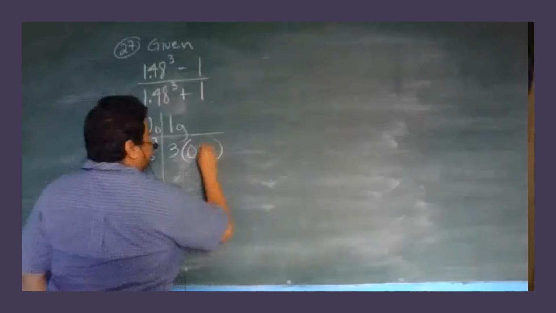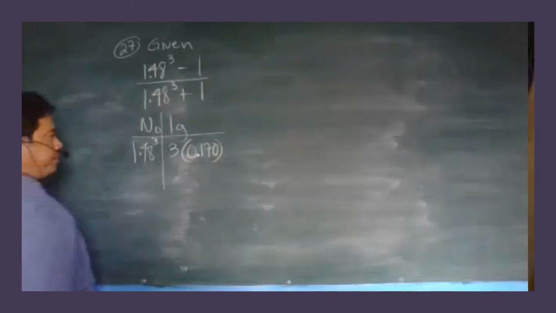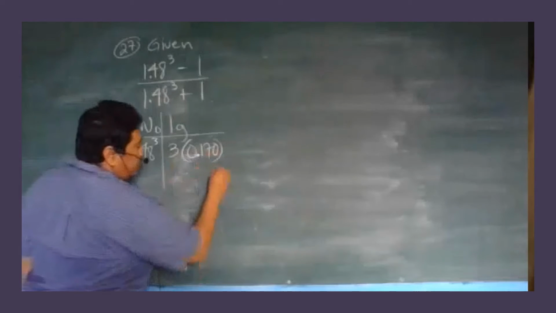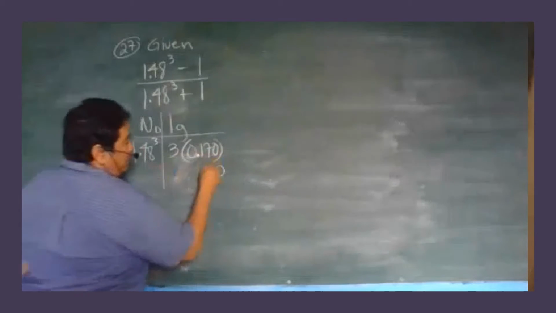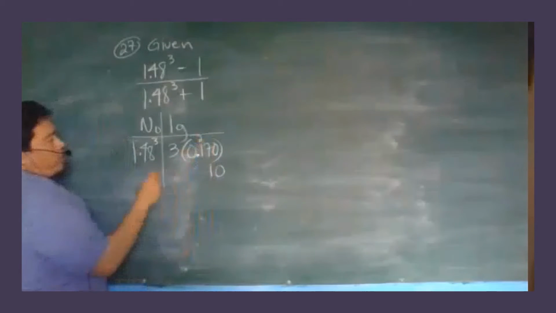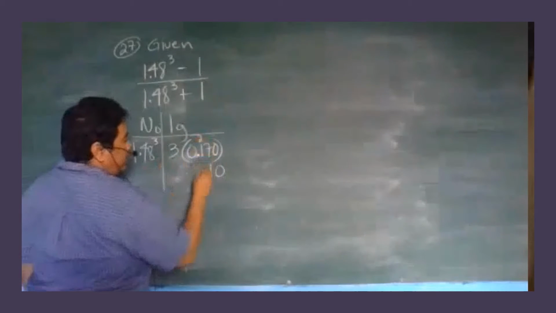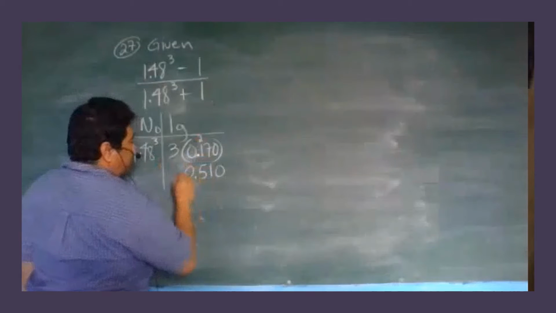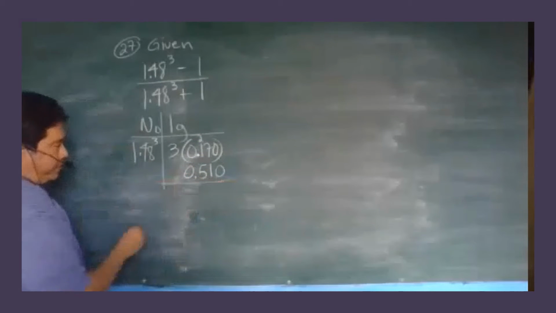1.4 on the primary column, 8 on the primary row gives me 170. So when I multiply, 3 times 0 is 0, 3 times 7 is 21, 3 times 1 is 3, and 2 is 5. So I will be anti-logging that.